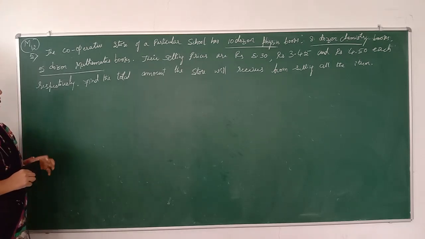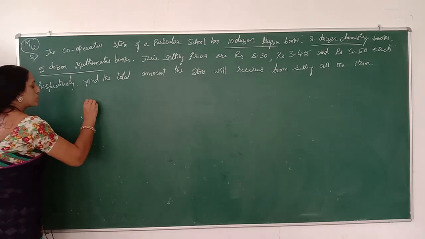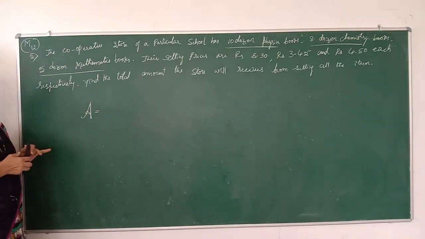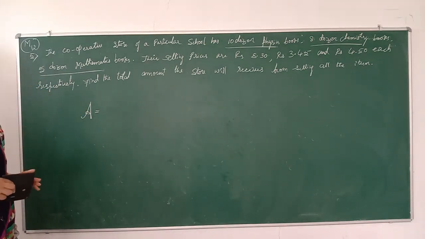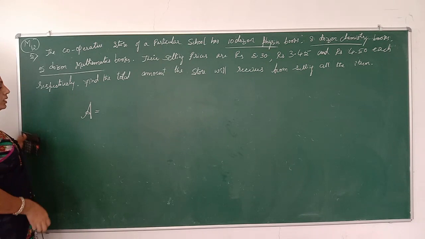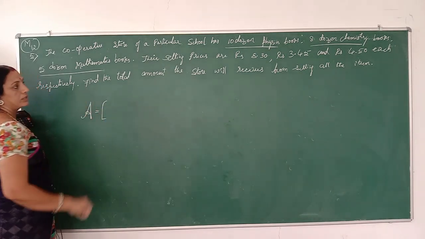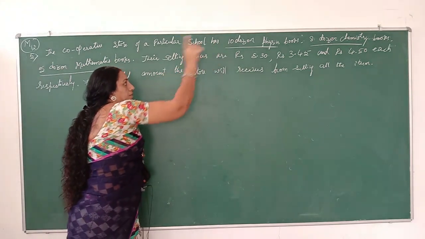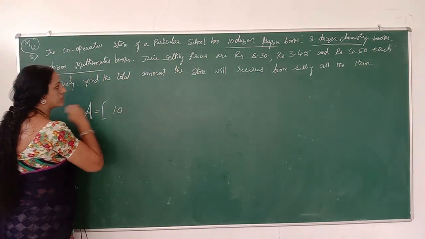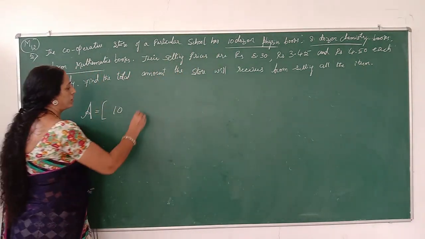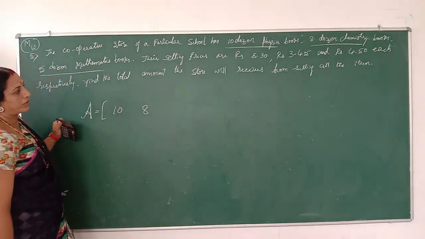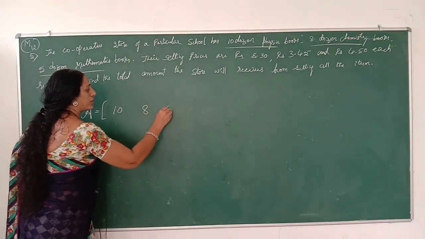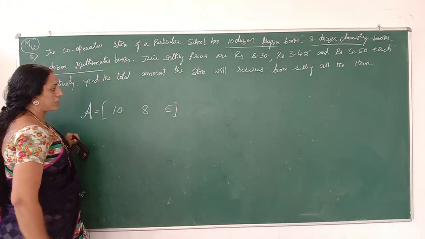This is similar to the previous one. The number of books is represented in one matrix and their corresponding prices in another matrix. So A is a row matrix representing the number of dozens of books: 10 dozens of physics books, 8 dozens of chemistry books and 5 dozens of mathematics books.